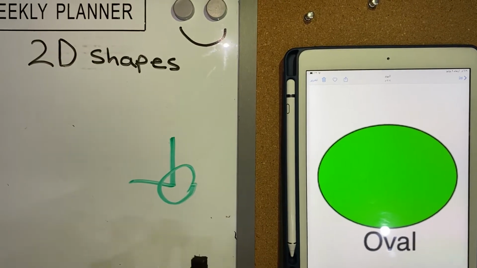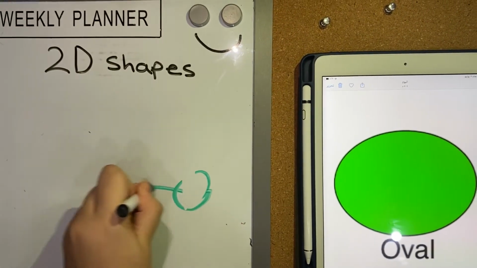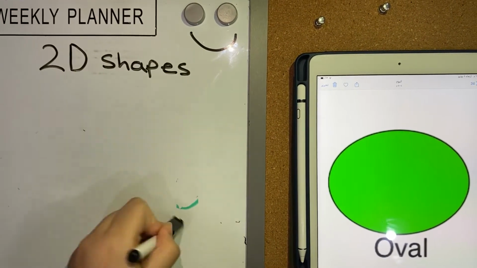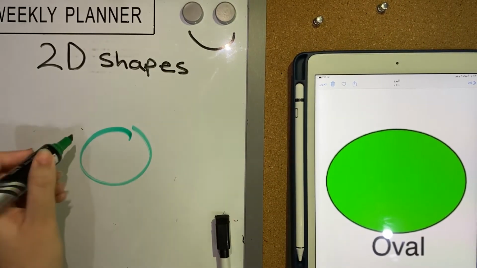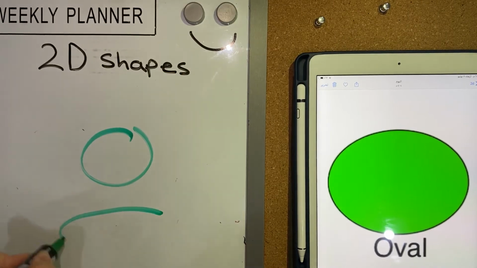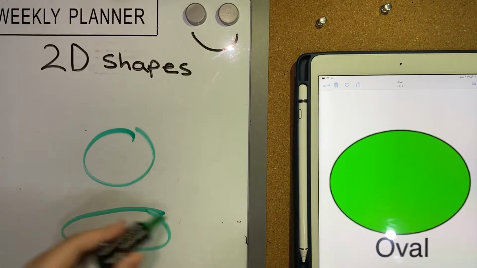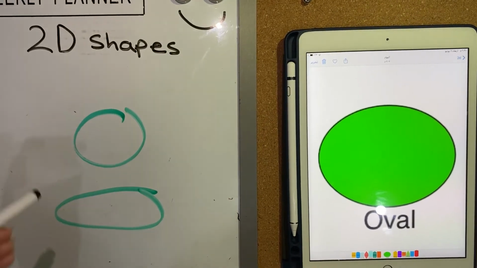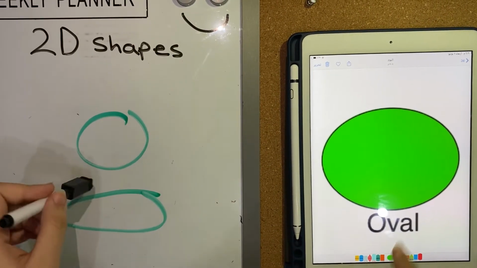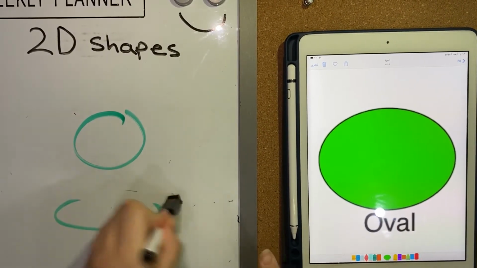So what is the shape that doesn't have a side? The oval. This is a circle and this is an oval. So the oval has no sides.